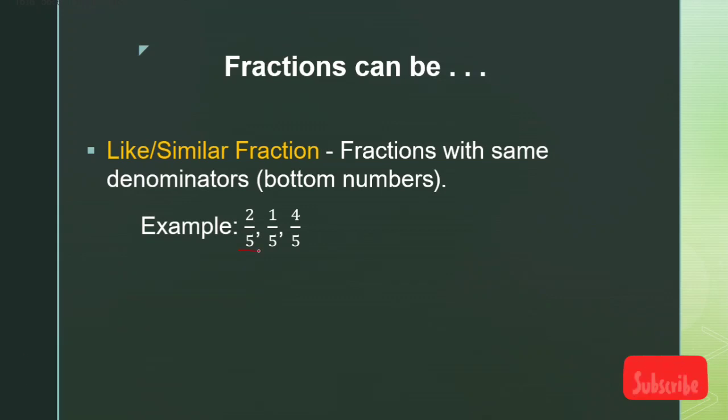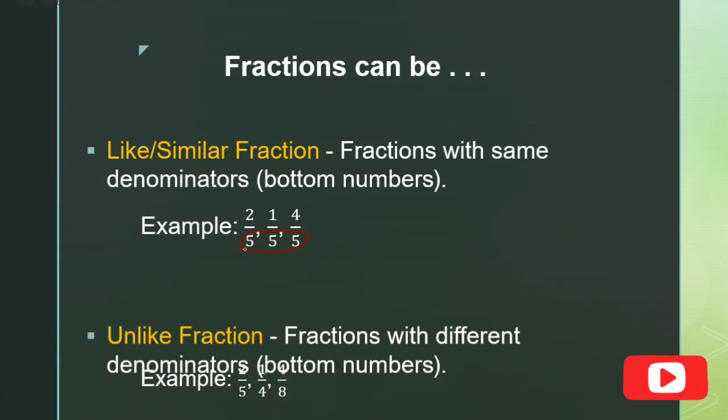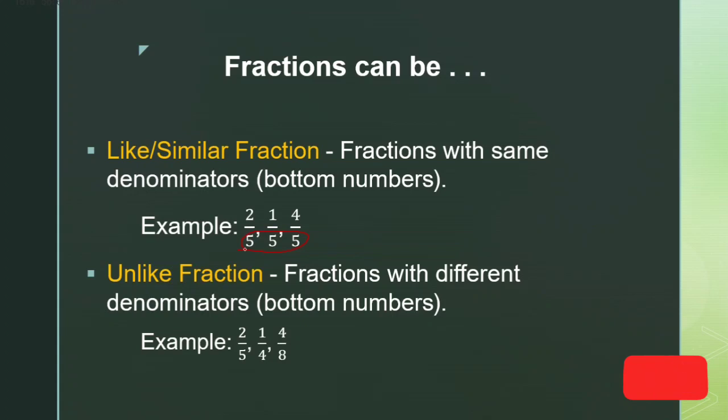Pare-parehong 5. Yan yung tinatawag natin na similar or like fractions. And we have in there also unlike fractions. Yung unlike fractions naman, yun yung mga fractions with different denominators or bottom numbers. So, makikita natin, magkakaibang kanilang denominator. So, 2/5, 1/4, and 4/8. So, yun yung pagkakaiba niyan.